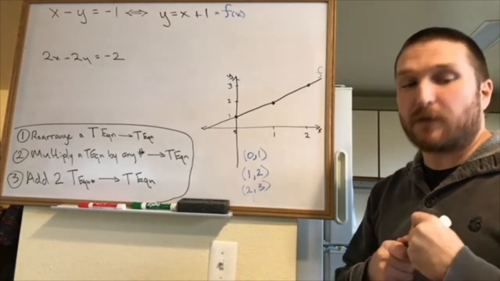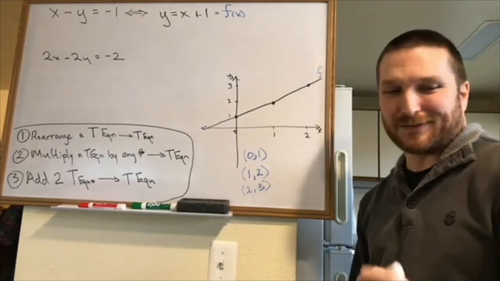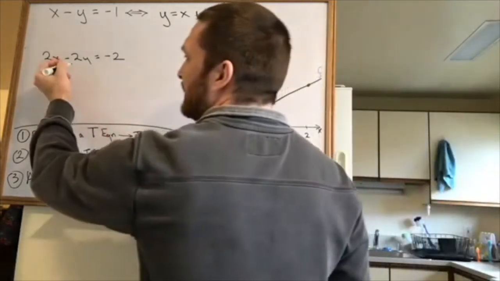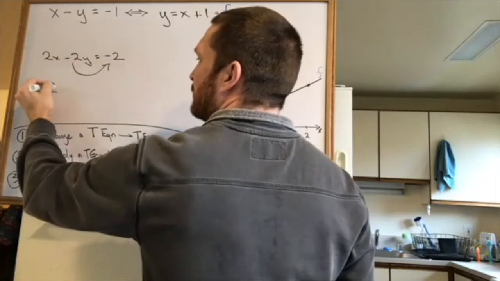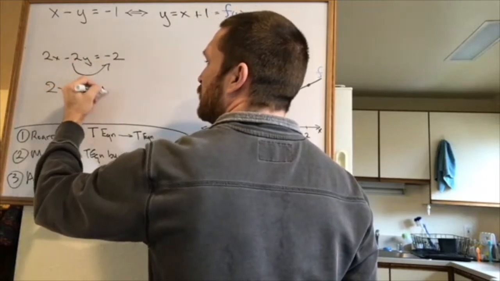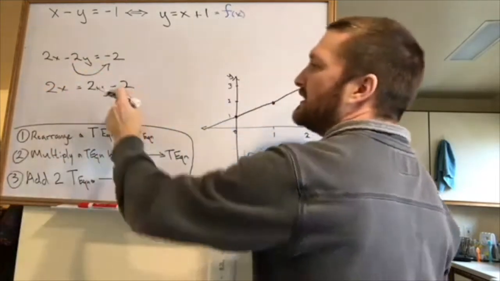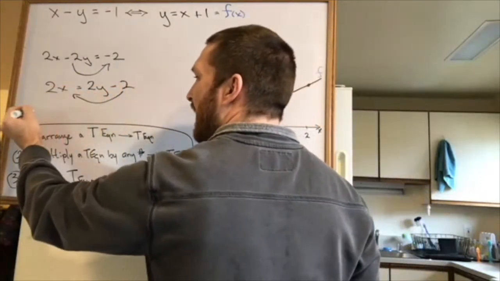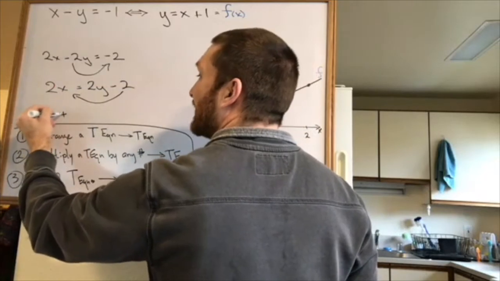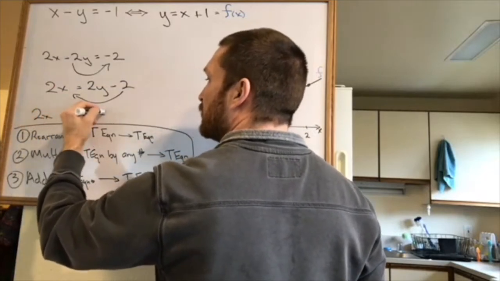As a matter of fact, I would put it in the form y equals mx plus b. I would say, well, let's get the 2y over to this side. And so we have 2x equals 2y minus 2. I'd say, let's take the 2 over to this side. And so we'd have 2x plus 2 equals 2y.